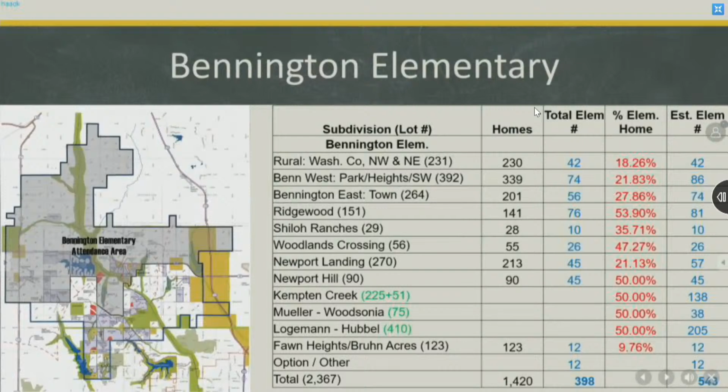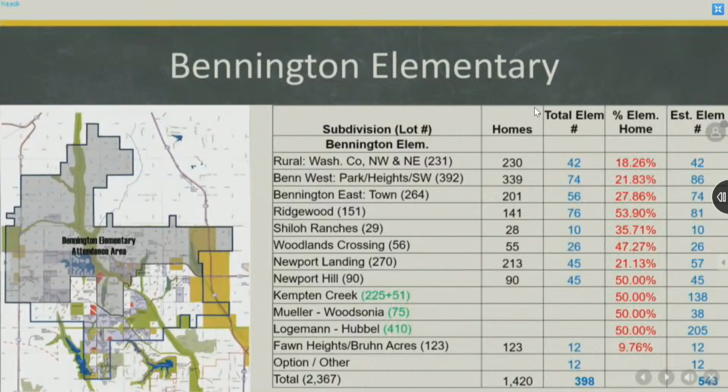If we were to take the population, the red column, by the number of lots, we would come up with 543 elementary students. All right? Now, if you find me 10 years from now and you say, hey, every lot's full and there's 545, all right, you win. Okay? This is an estimate at this point in time based on the percentage that we have in the elementaries at this point.